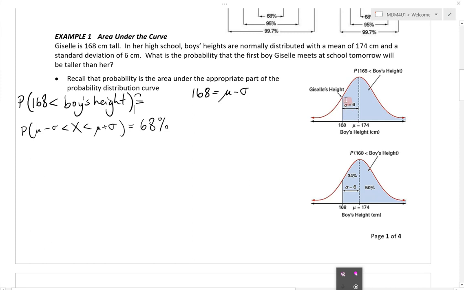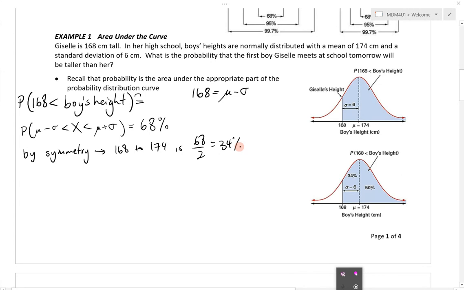Remember, the 68% represents the x between 1 sigma below the mean and 1 sigma above the mean. But if I just took 1 sigma below the mean, it's going to be half. 68 divided by 2 is 34. So by symmetry, the interval between 168 to 174 is 68% divided by 2, which is 34%.